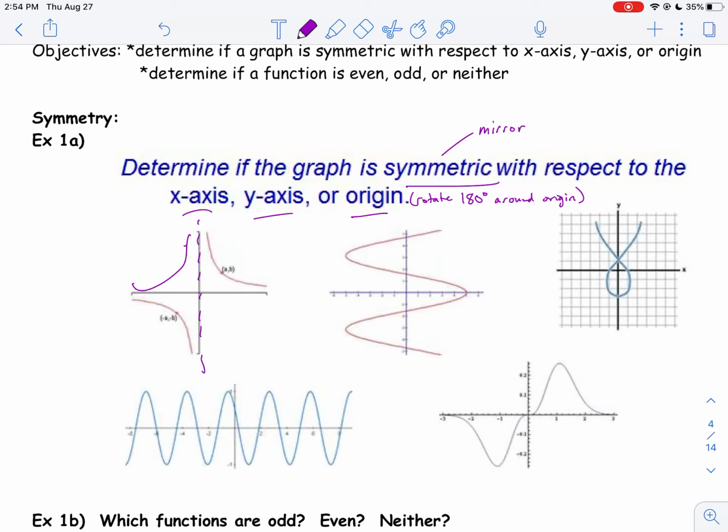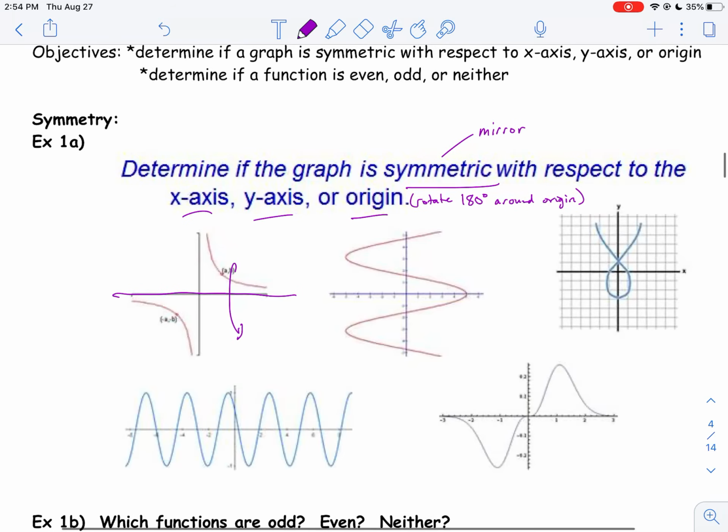No, there's not. There's not the same thing as there is on each side here. So it's not with respect to the y-axis. How about with the x-axis? We get the same thing. There's not a mirror image on this side. It's sort of similar, but it's not a mirror image. This one is actually with respect to the origin.